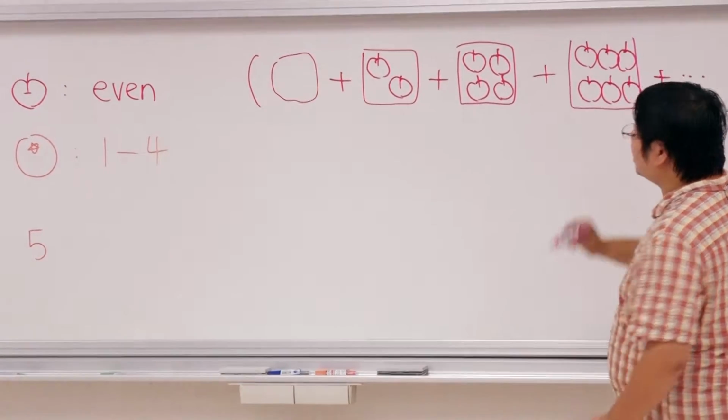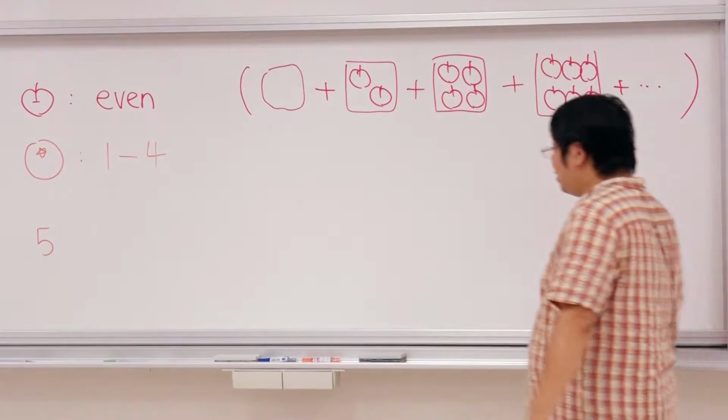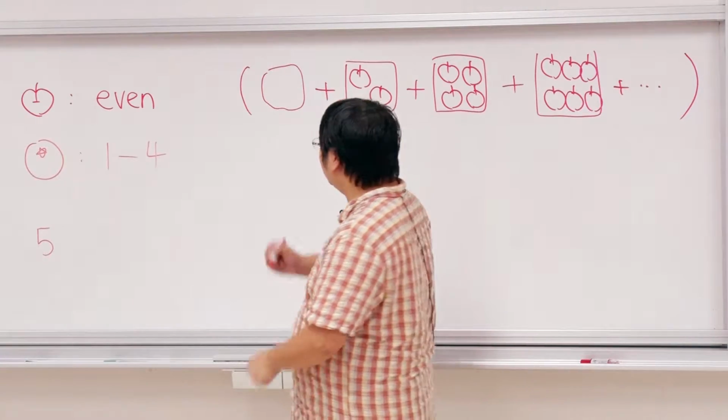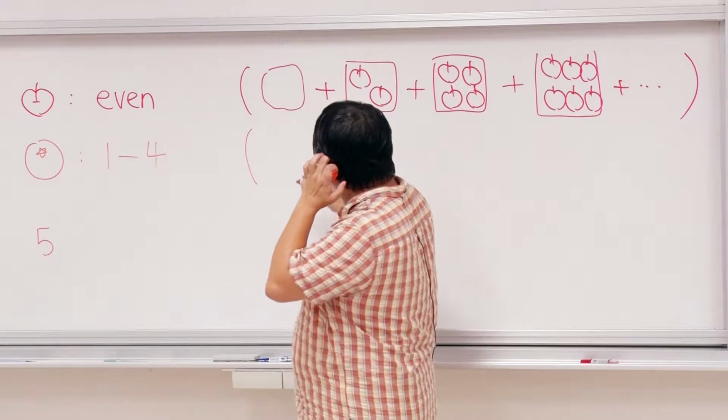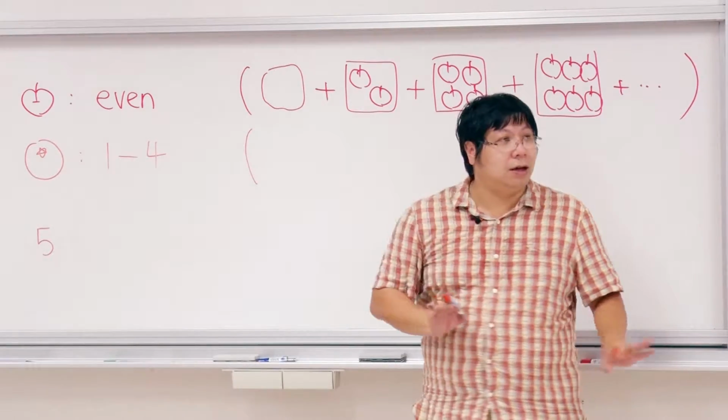So I'm going to use this formula to represent the different ways that we can buy apples: either 0 apples, 2 apples, 4 apples, 6 apples, 8 apples, and so on. Similarly for oranges, we will have a formula, and the orange formula is easy. We cannot buy no orange, so that is not an option.